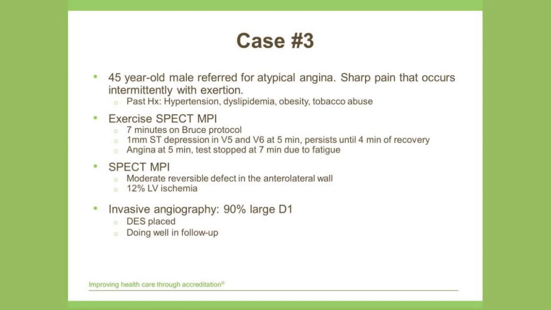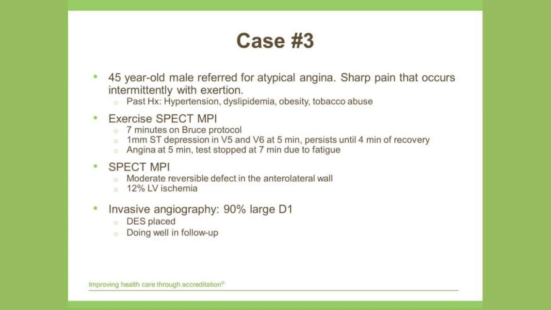Case 3 is a 45-year-old male referred for atypical angina. He has sharp pain that occurs intermittently with exertion. He has multiple cardiac risk factors, including hypertension, dyslipidemia, obesity, and tobacco abuse. He underwent an exercise SPECT MPI and went 7 minutes on the Bruce protocol, had 1 millimeter of ST depression in V5 and V6 that persisted into recovery.